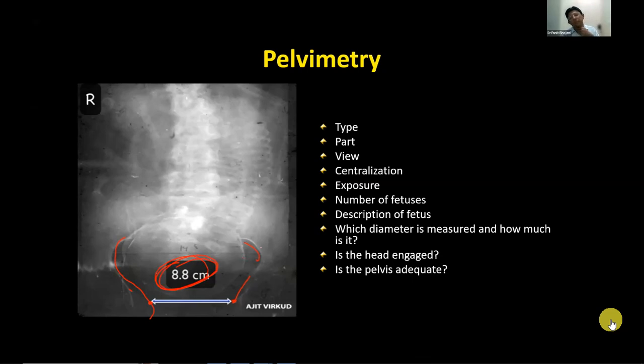Yes, so definitely it is the bispinous diameter, not the BPD. All of us know 9.5, so 8.8 will not negotiate. It is the bispinous diameter or the interspinous distance. Definitely yes, all of you correct, and it is inadequate. It would lead to a DTA, a mid pelvic contracture, and we would like to do LSCS. Okay, so these are all the things. Contracted pelvis, the interspinous distance is narrow. Mainly that is what our presentation is all about.